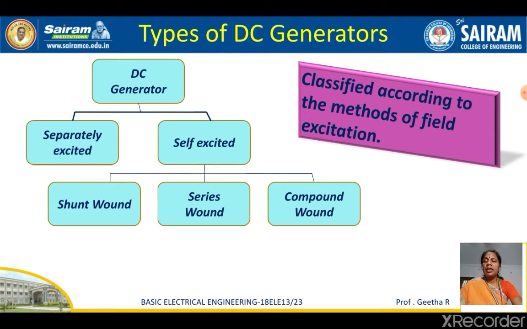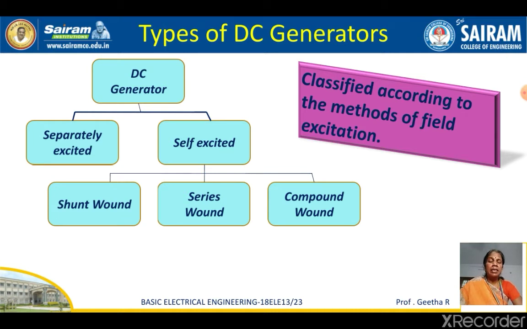How the field winding is connected with respect to the armature, whether it is connected across the armature or in series with the armature, or a portion of the winding connected in series and a portion in parallel, that is in shunt, nothing but the compound wound generator.